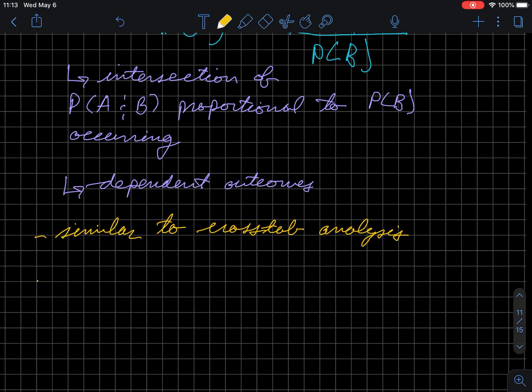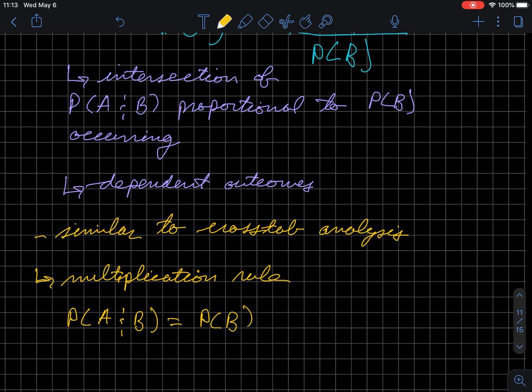You'll recall that there's this multiplication rule. For events A and B, we're finding this intersection again. This is going to equal the probability of B times the probability of A given outcome B. So that's one way of finding that.